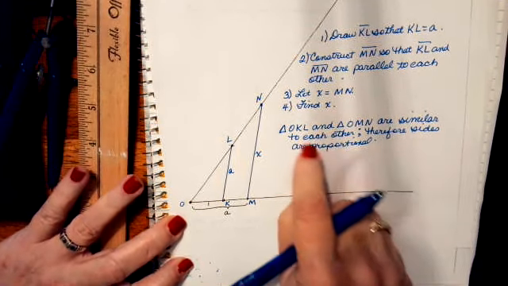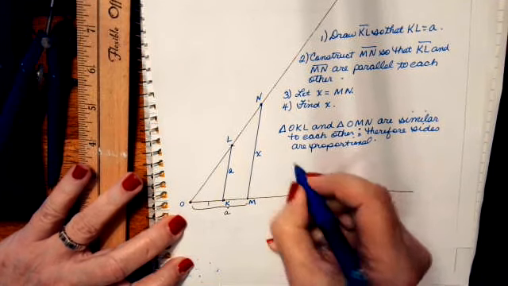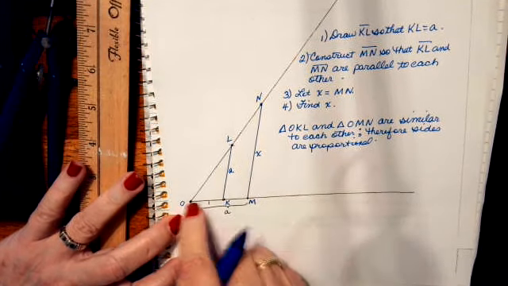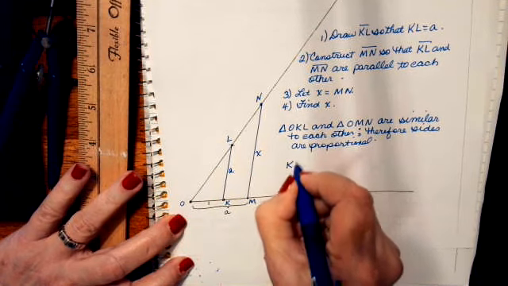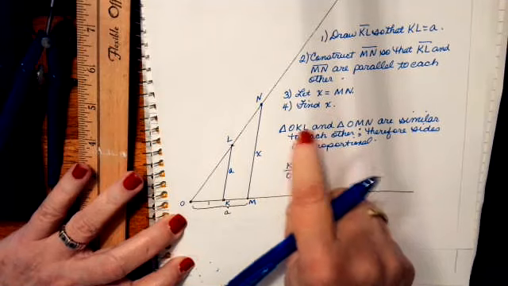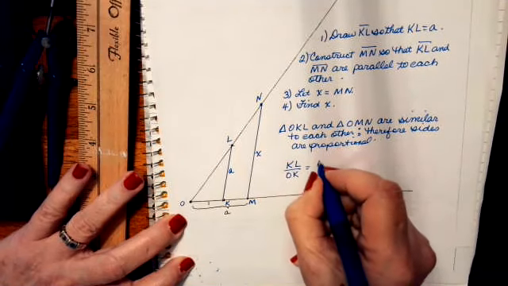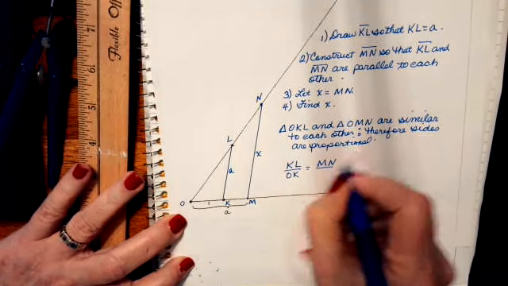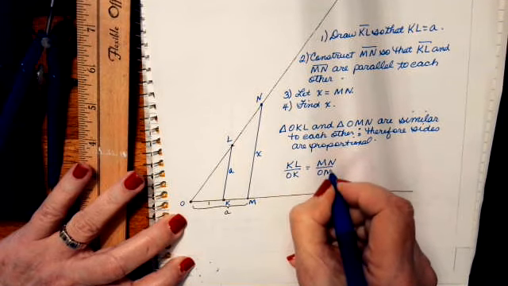So I know that KL is to OK as MN is to OM.